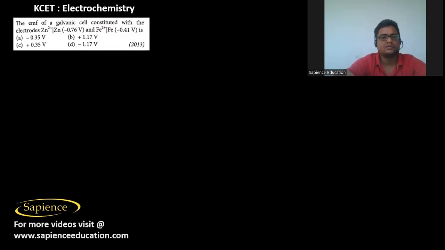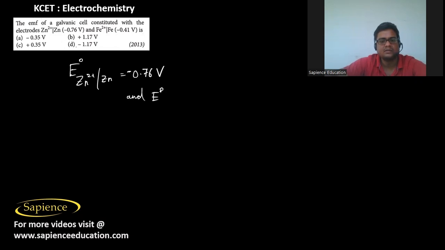Now here it is given the EMF of a galvanic cell constituted with the electrodes Zn2 plus to Zn. Now E naught Zn2 plus to Zn is given as minus 0.76 volts, and E naught Fe2 plus to Fe is minus 0.41 volts.